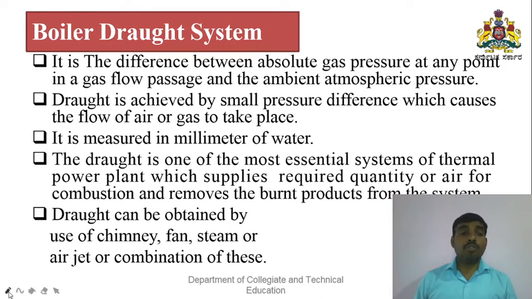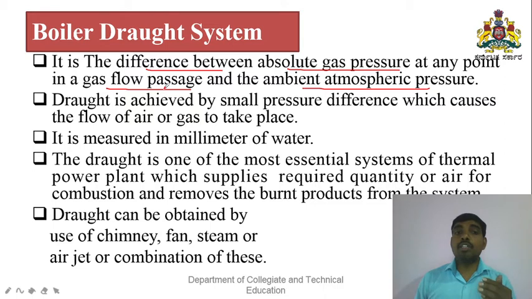Before getting to the draught, we have to know what draught is, and why it is required. Draught is the difference between the absolute gas pressure at any point in a gas flow passage and the ambient atmospheric pressure.